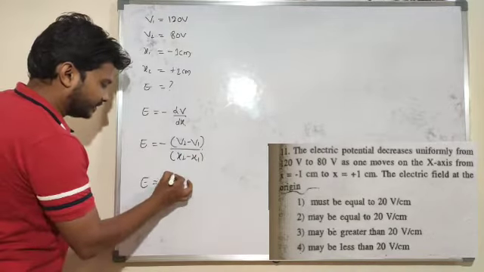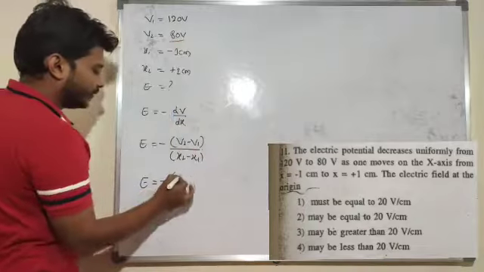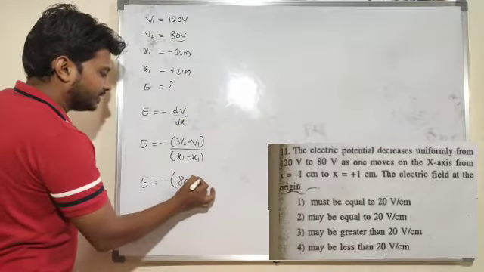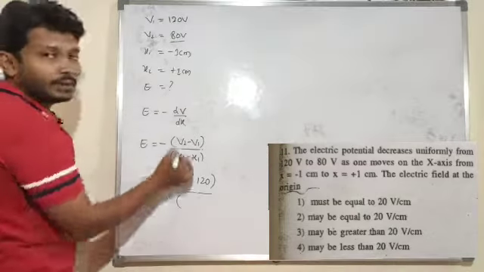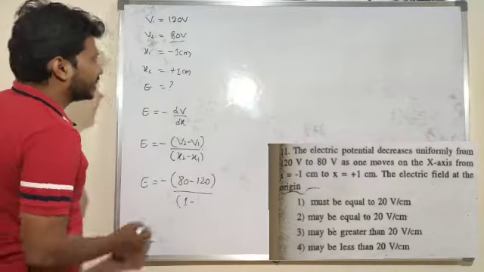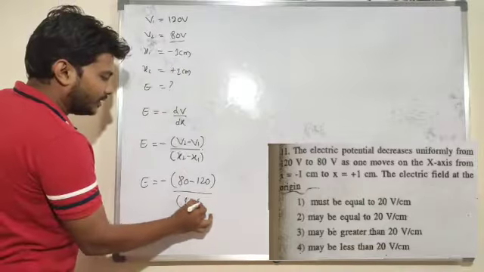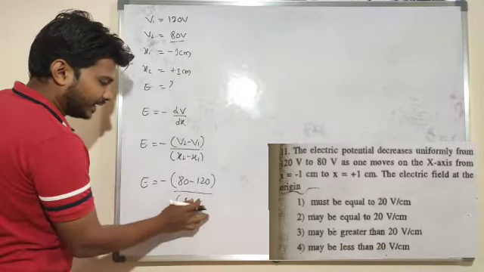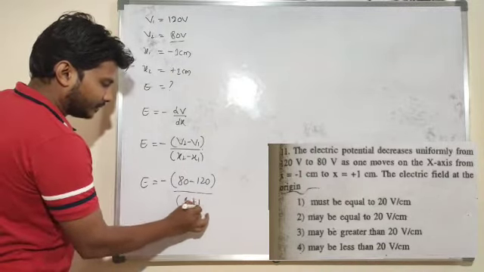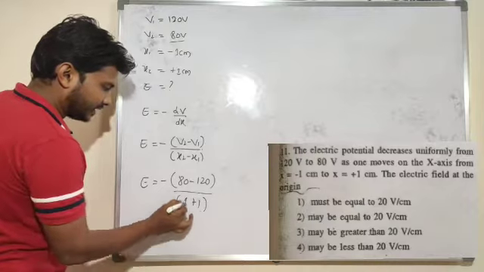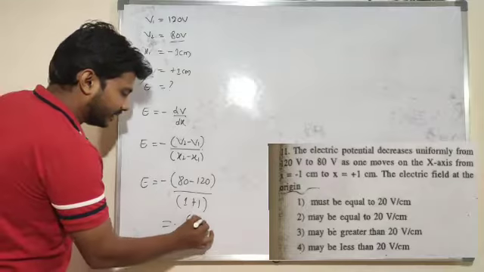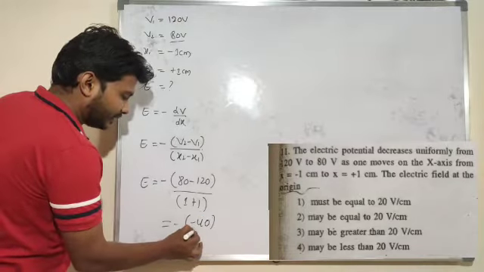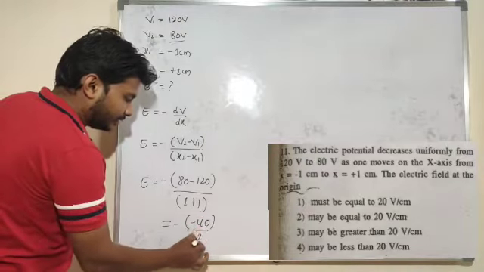Then E is equal to minus, V2 is 80 volt, V1 is 120 volt, divided by x2, which is plus 1 centimeter, minus x1, which is minus 1, so minus into minus gives 1 plus 1. So 80 minus 120 is minus 40, divided by 2.